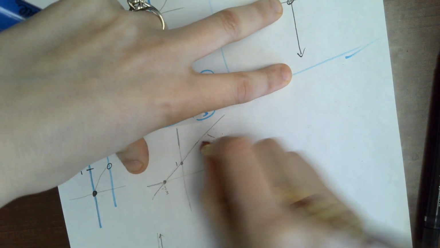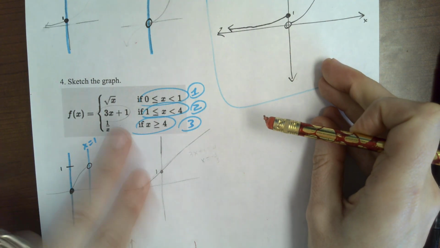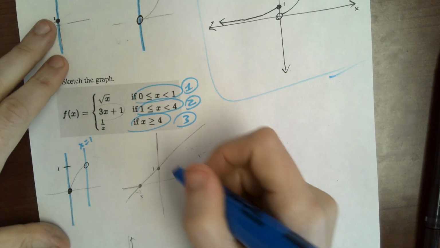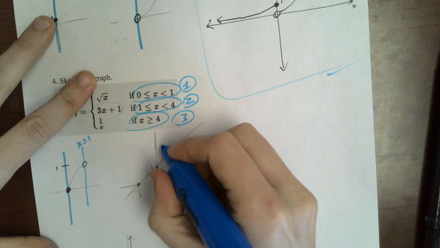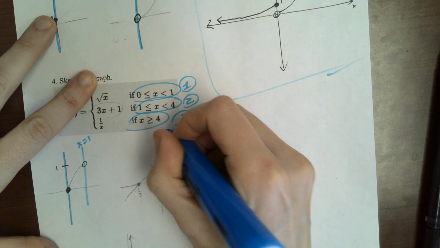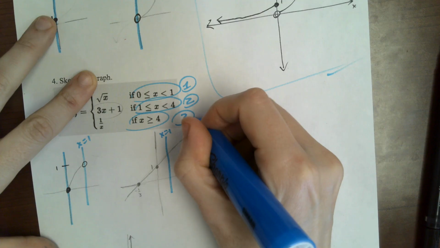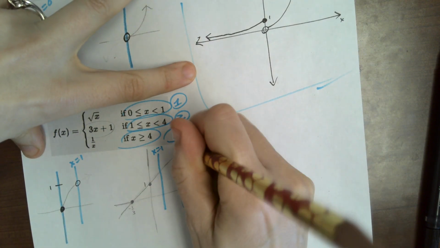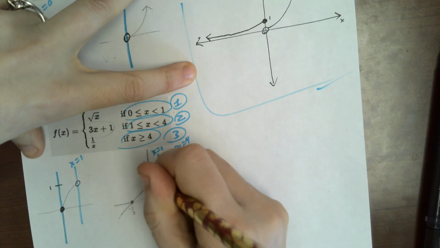Alrighty, putting in the borders. Okay, so x equals 1, x equals 4. Okay, so I only need what is between those borders.